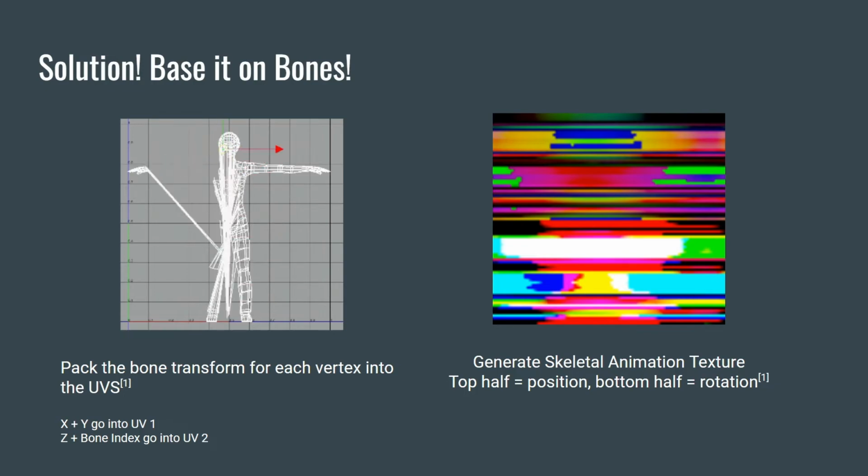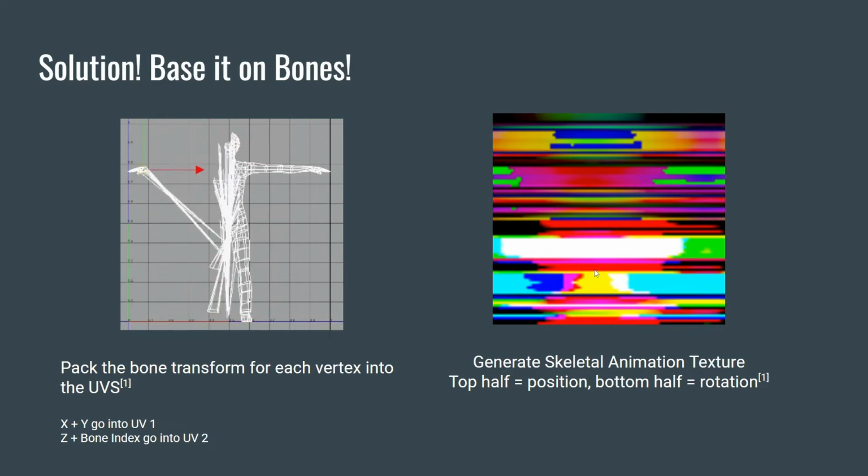So rather than having a position texture where the U-axis is our vertices, let's make the U-axis our bones. We'll have a texture that is bones on the U-axis and frames on the vertical axis. And we'll make the top half of our texture positions, and the bottom half rotations. And these are deltas from the base pose.